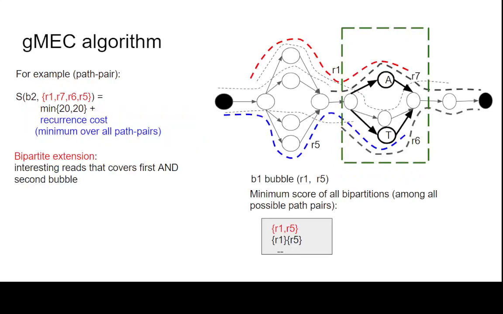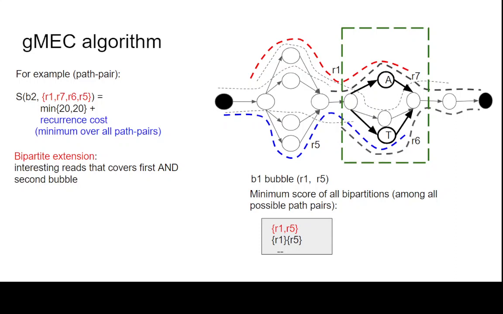Similarly, we start to calculate for all the bipartitions. For example, here R1 goes there, and R5, and there is R7 and R6. We start calculating all the partitions, but for the recurrence cost, we minimize over all the path pairs. For example, here there is the R1 read and R5, and we take the minimum of these intersecting reads that cover the first and second bubbles.